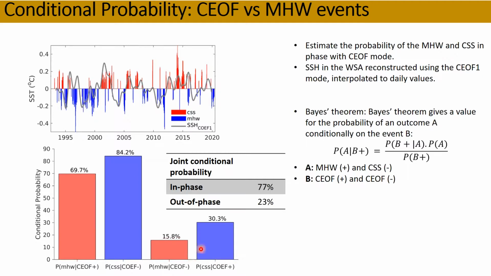Whereas if they are out of phase, this probability is much less. So by doing the joint probability of the in-phase relationship between the two, we have 77% of the cases happening when the CEOF mode is in phase with the heat wave.